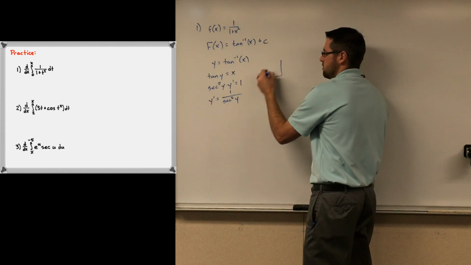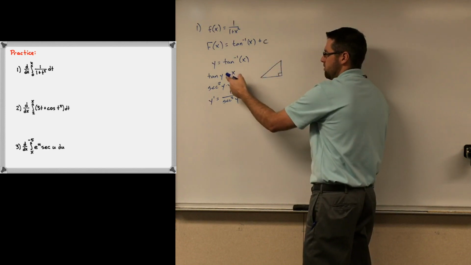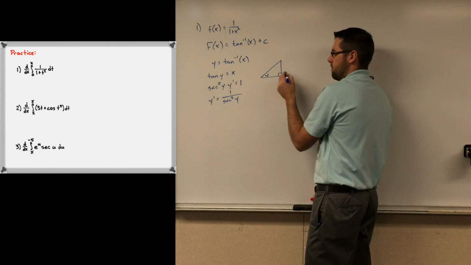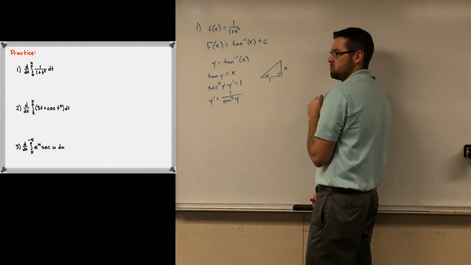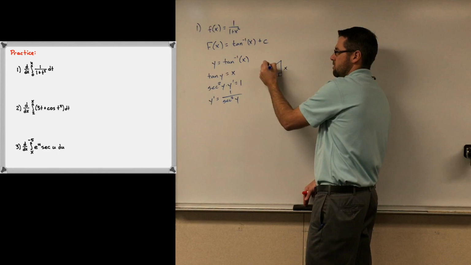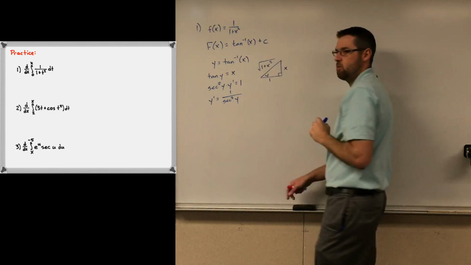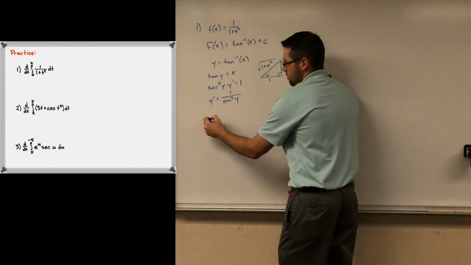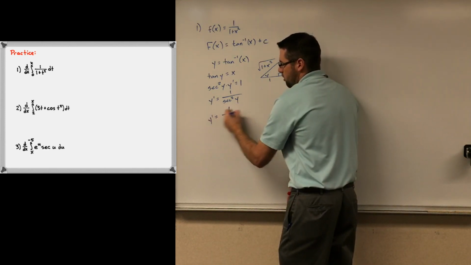Draw your triangle. So you end up with tangent of y equals x. So this is y. Where's x? X is opposite. The adjacent is 1. So what would this be? Root 1 plus x squared, right? Now when I plug in secant, y prime equals 1 over, what's secant?